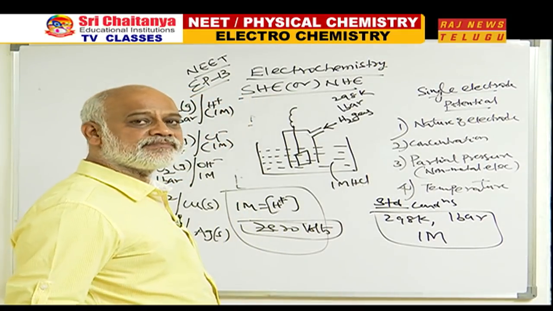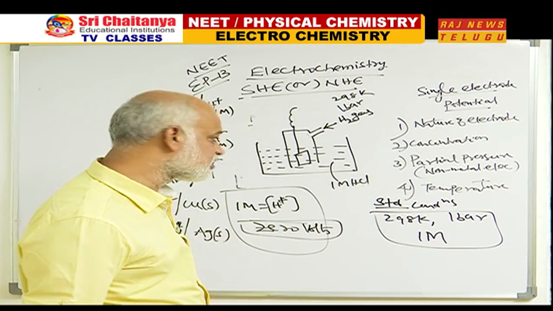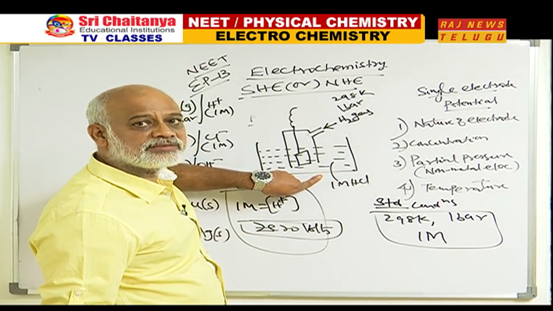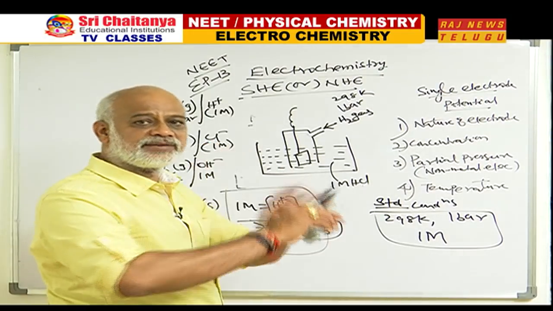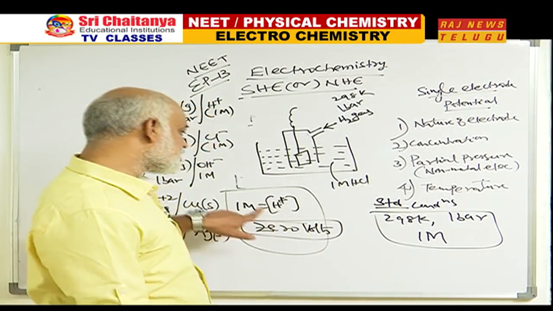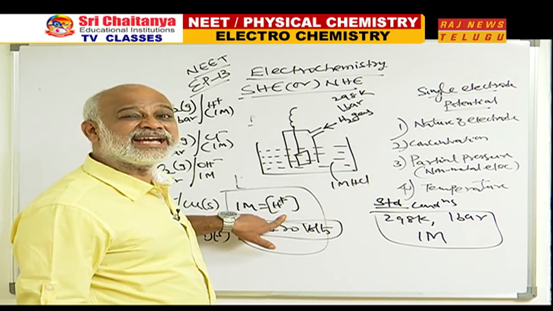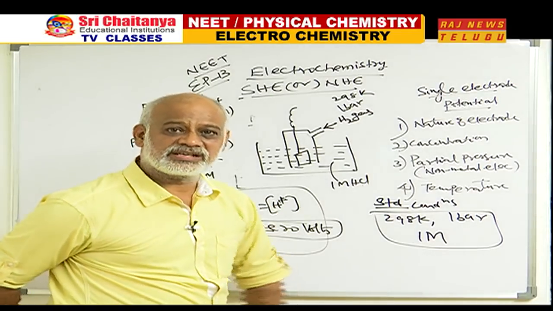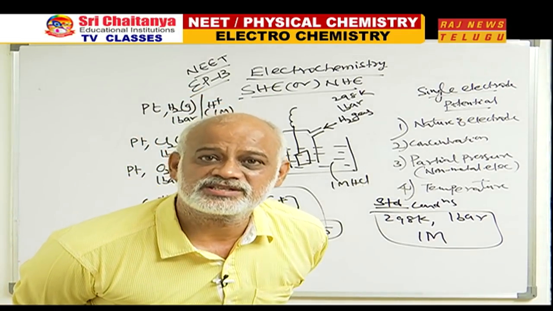Therefore, what is the meaning of standard hydrogen electrode? Take 1 molar HCl. I am not interested in 1 molar HCl; my interest is 1 molar H plus ion concentration. 1 molar HCl will give you 1 molar H plus ion.